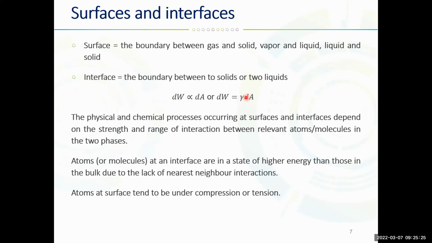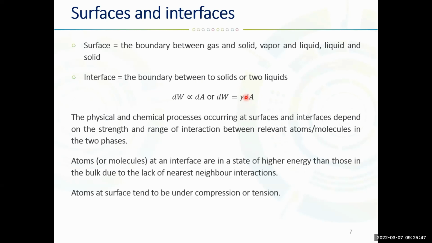And so gamma is a scalar quantity. It's not a vector. It is just a number and has units of energy per unit area. So typically it has units of joules per meter squared or millijoules per meter squared, depending on which textbook you're reading.